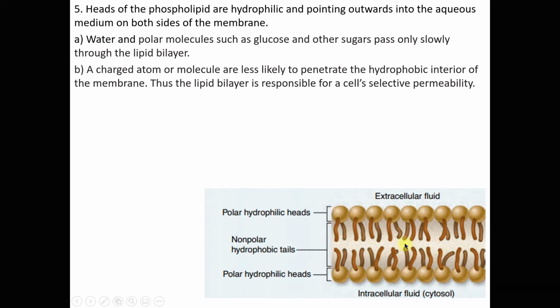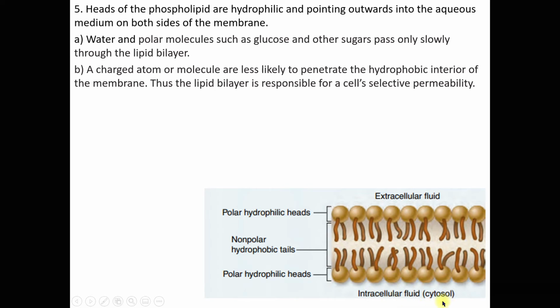So the heads of the phospholipid are hydrophilic and pointing outwards into the aqueous medium on both sides of the membrane, right? Extracellular fluid, then you got intracellular fluid, which is the cytosol or cytoplasm.